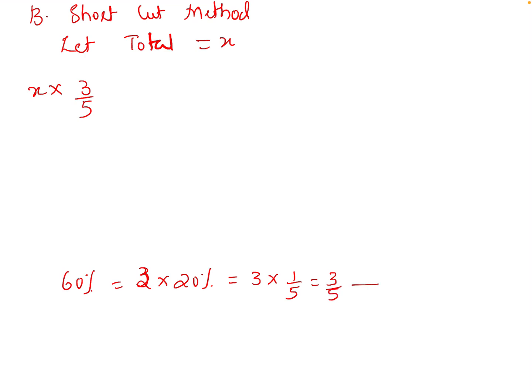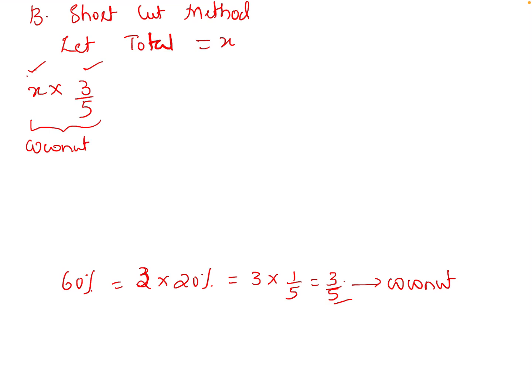So 60% I write as 3 by 5 in the fraction form. So 3 by 5 of total trees are coconut trees.